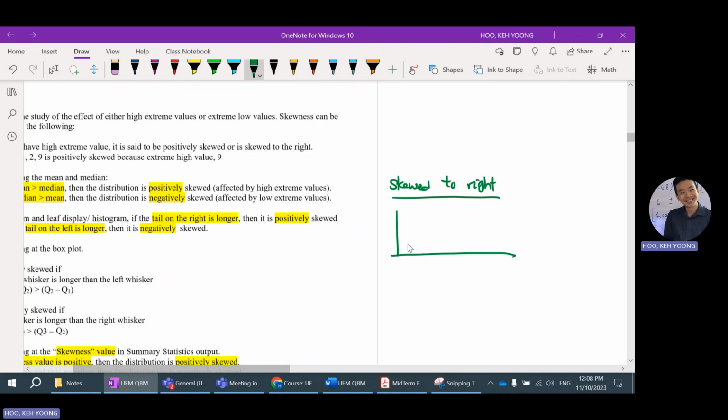Just for information. But since I do not have a drawing graph this time, you will have something like this, skewed to the right. Or for the stem and leaf, you have something like this.